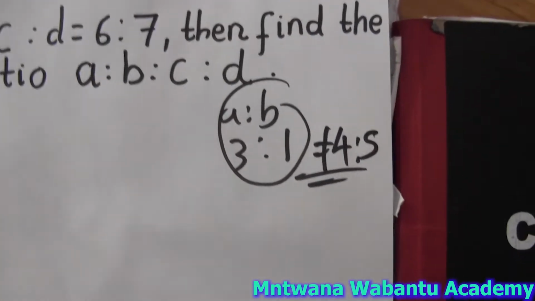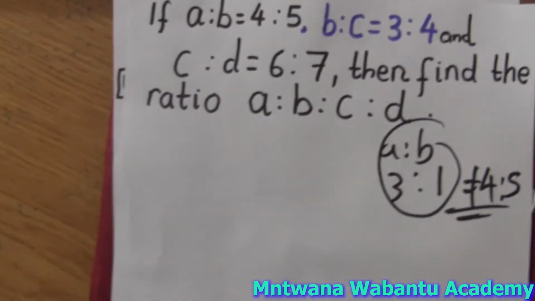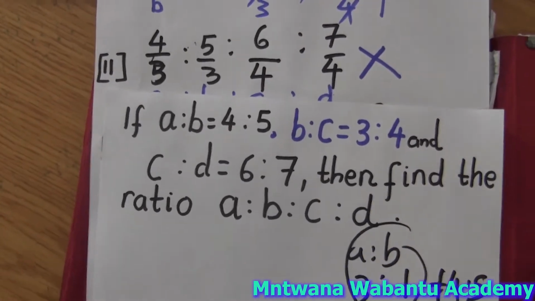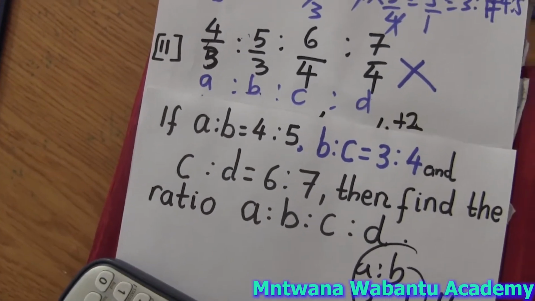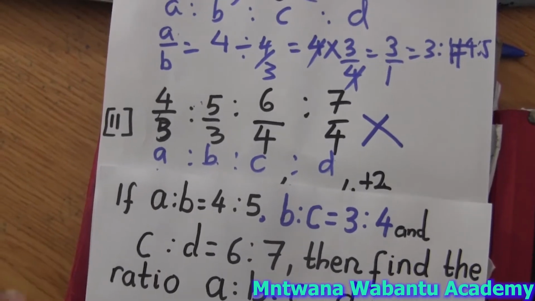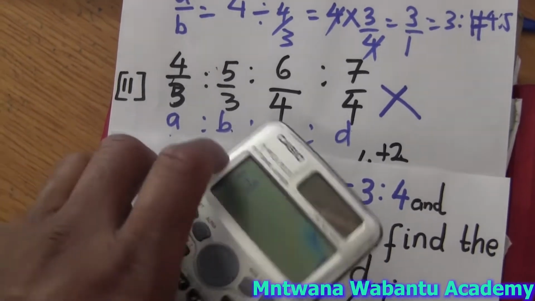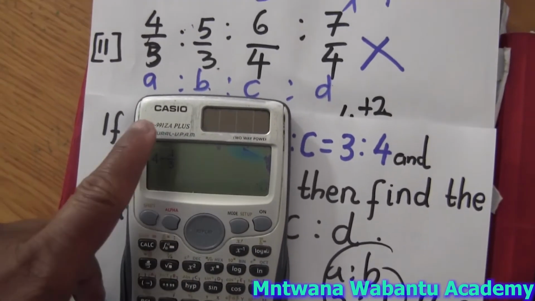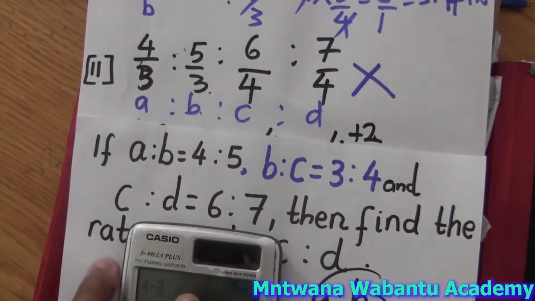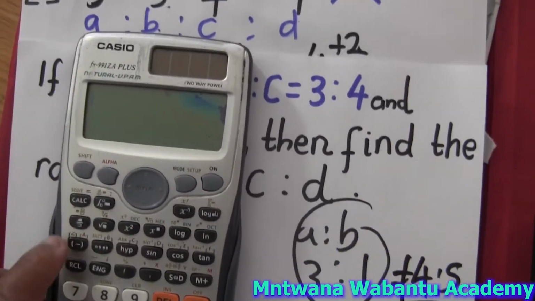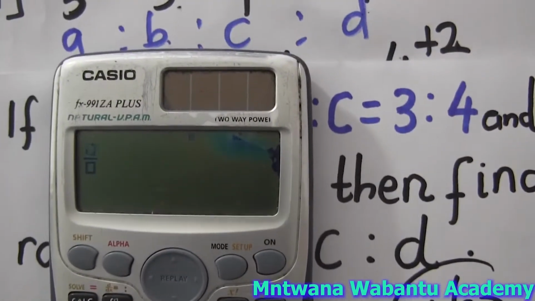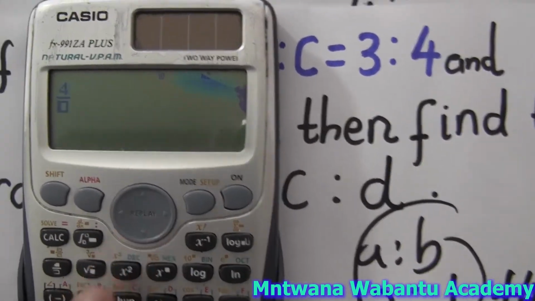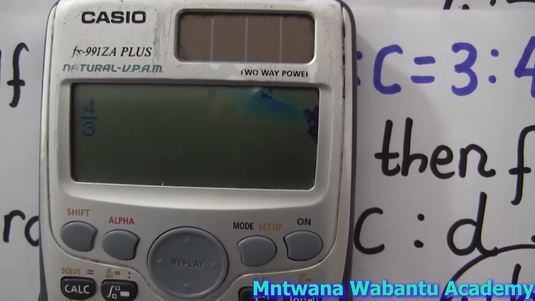For the second option, you can use a calculator and not waste all the time. For the second one, it's like A, B, C, D. So if I take 4 over 3 and do the same game, let's find A over B and see if it's going to give 4 over 5. So 4 over 3, fraction, 4 over 3.